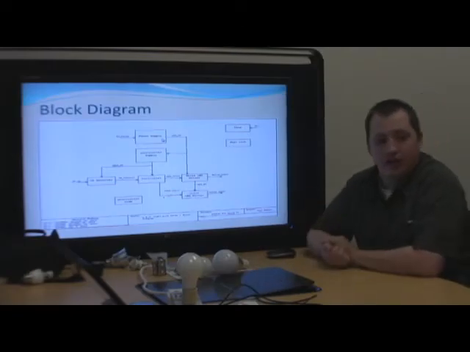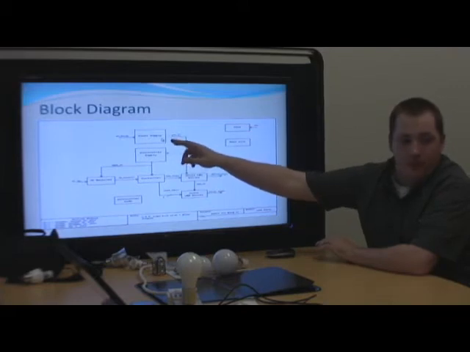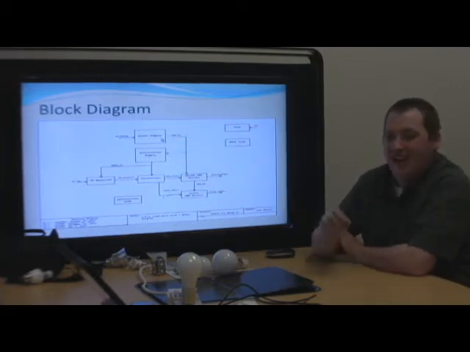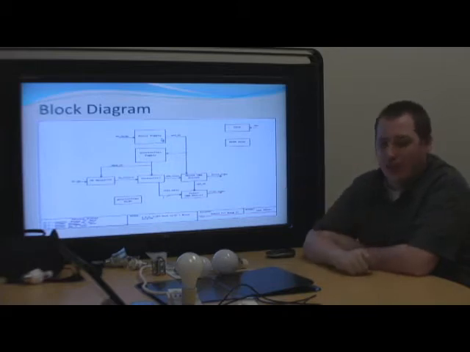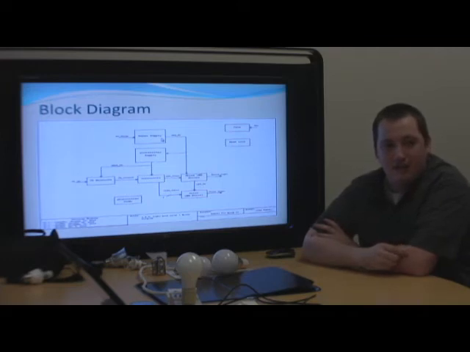This is the block diagram of our project. Over here we have our main power supply, which is our 12-volt supply. It is a 12-volt, 1 amp supply that uses the 120-volt standard outlet. The design itself utilizes a flyback type topology.